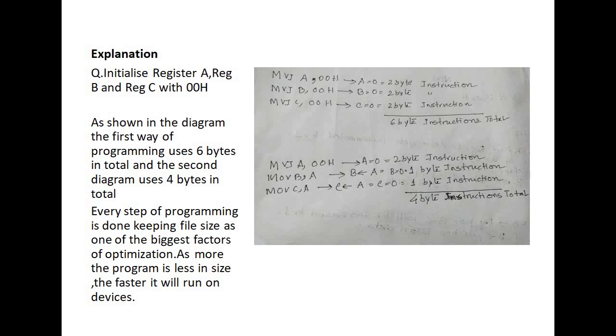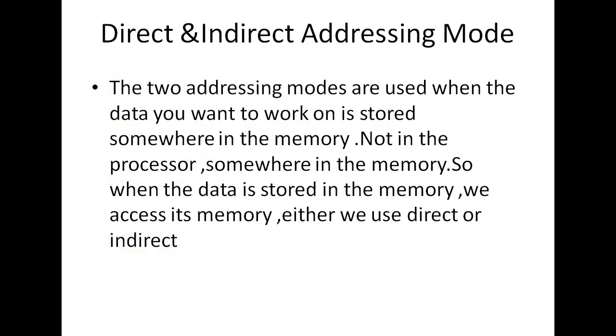So register addressing mode makes the program a bit complex compared to immediate addressing mode, but it uses fewer memory locations. Understood? I think you have understood with the example how it uses fewer memory locations. Okay, so let us go to the next slide.